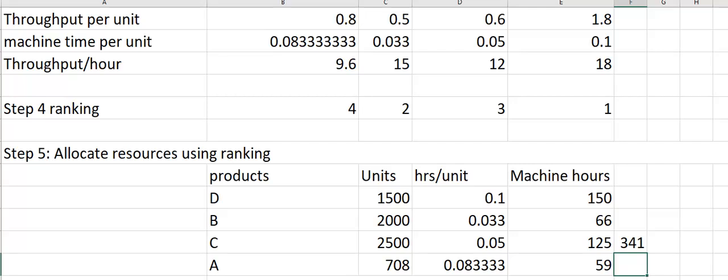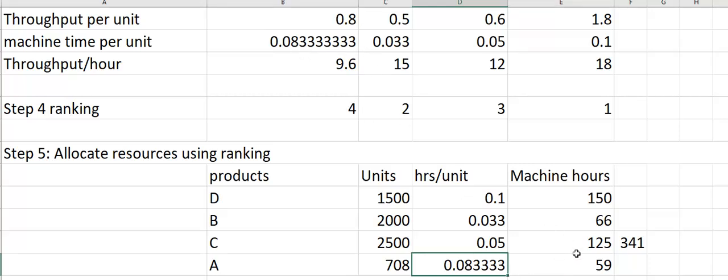So what you do here, in the final product, because A is the last product, it will have limited resources. So you take 400 minus the total of the 3 products, 341. So 400 minus 341, you have 59. It means product A should only be allocated 59 hours. So let's now work backward and get how many units we need in product A. I hope we are following. Product A, hours per unit was 0.0833.